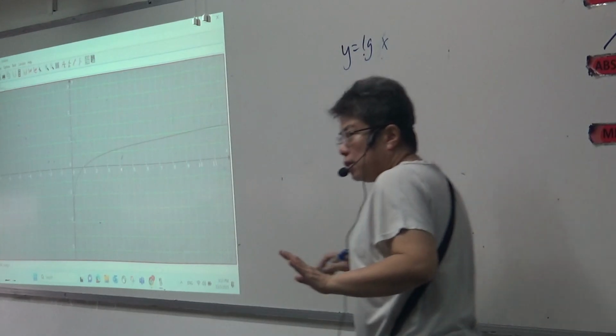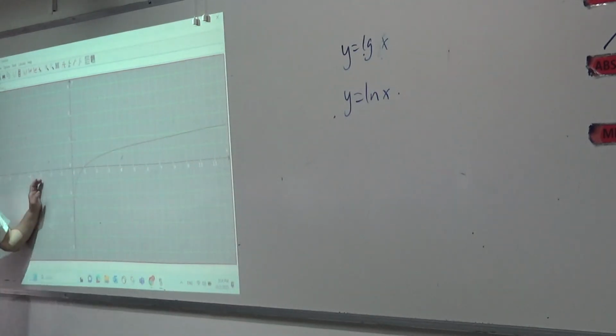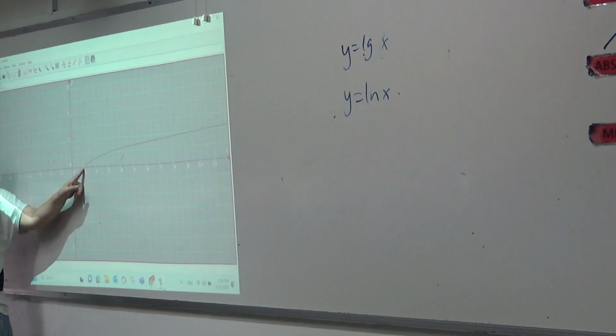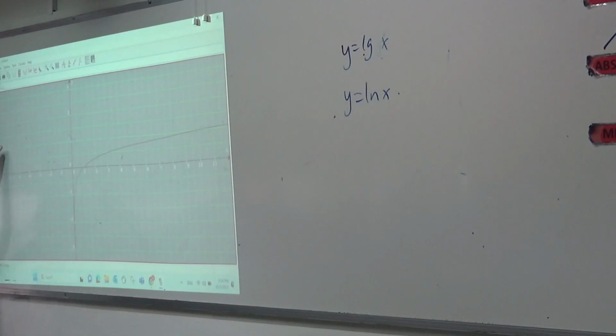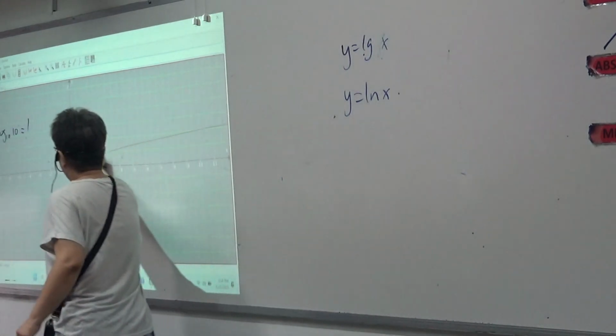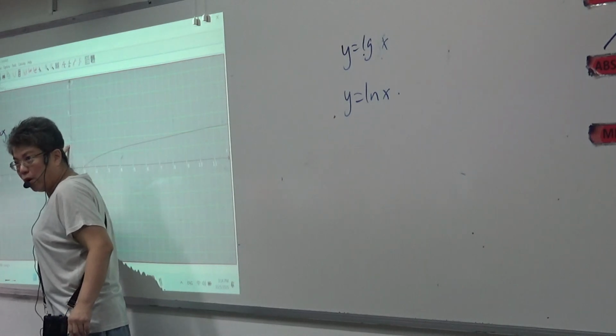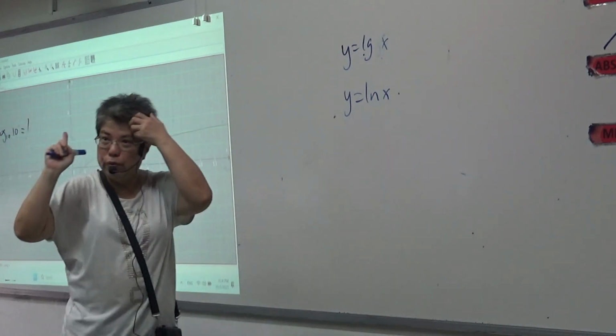All of it, don't draw first. Can you see it goes this way? It will cut at 1, right? And what is log 10 equals to 1? That means at 10 it will be at 1. Can you see what I'm talking about here? Yes or no?